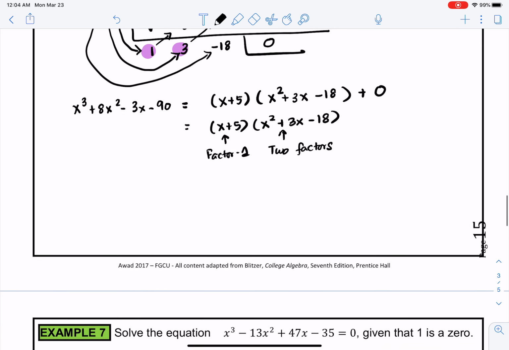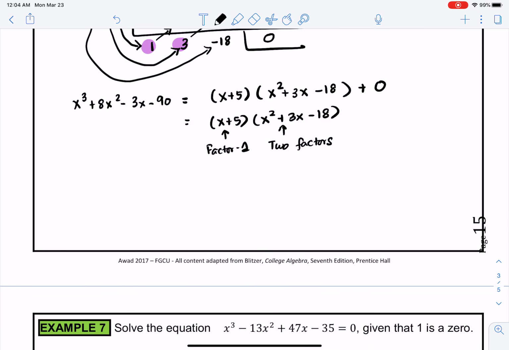Well, we can either try to factor it, or we could use the quadratic formula. I can factor x squared plus 3x minus 18 as x plus 6 times x minus 3.